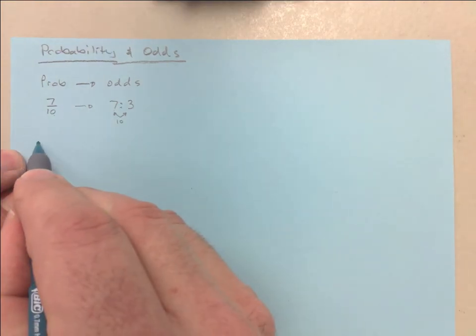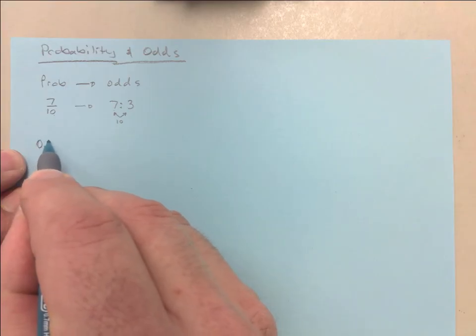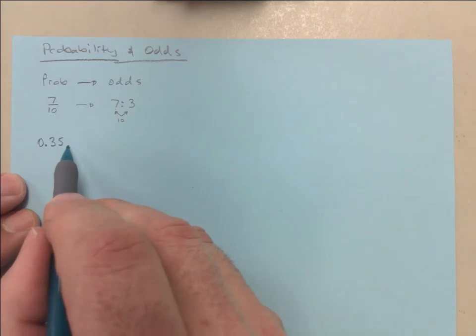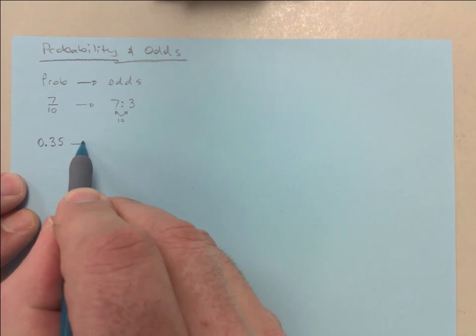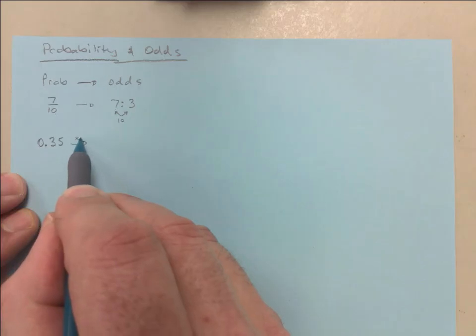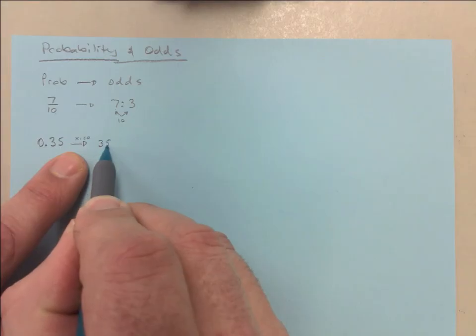Another thing, I'm going to give you another example. If you have 0.35, that's a probability. What is 0.35 as a percentage? You multiply that by 100, right? If you have a decimal, just multiply that by 100, you get 35%.